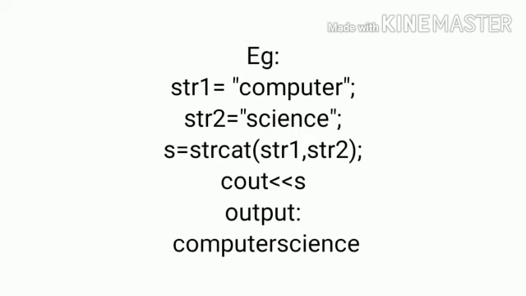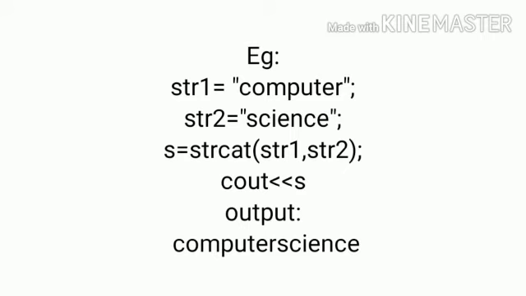For example, str1 equal to computer and str2 equal to science. Here we use the function strcat of str1 comma str2. So these two strings are joined and produce the output computer science. Okay, this is the function of string concatenation.